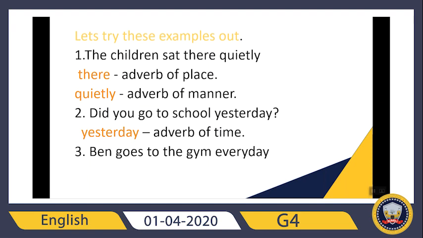Ben goes to the gym every day. So what is the adverb in this sentence? The adverb in this sentence is every day. It shows us the number of times Ben goes to the gym.